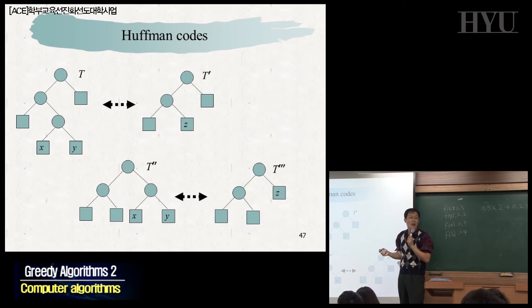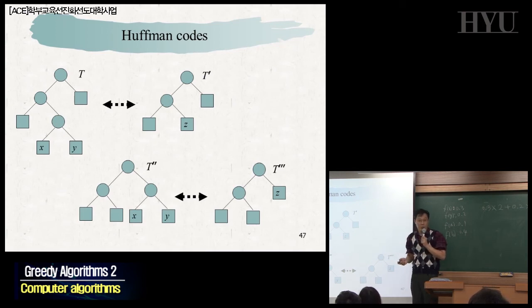So that's the claim. Then I will prove that it is true. So I'll prove this by contradiction. Assume that even though t prime is optimal for 3 leaves, t is not optimal for 4 leaves. Okay?